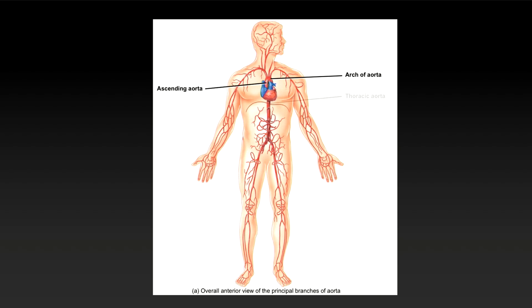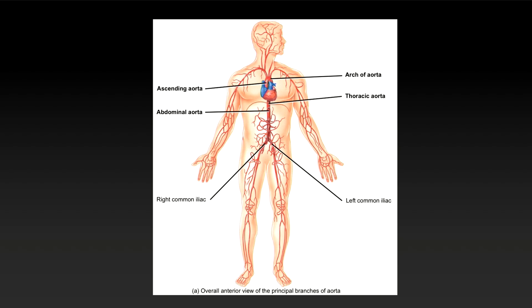Arch of the aorta becomes the thoracic aorta in the thorax, and you guessed it, the abdominal aorta in the abdomen. 4 parts of the aorta, but it's the same vessel. And the aorta only ends at the end of the abdomen when it divides into what's called common iliac arteries. And we'll come back to those later.